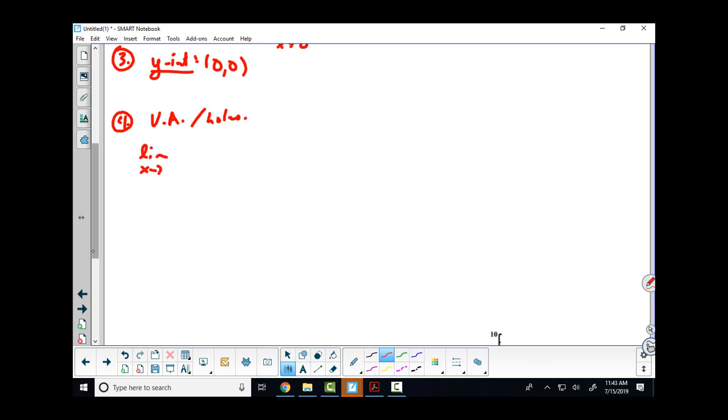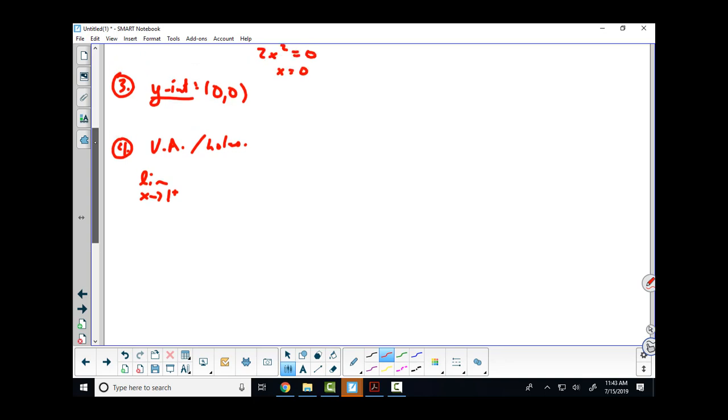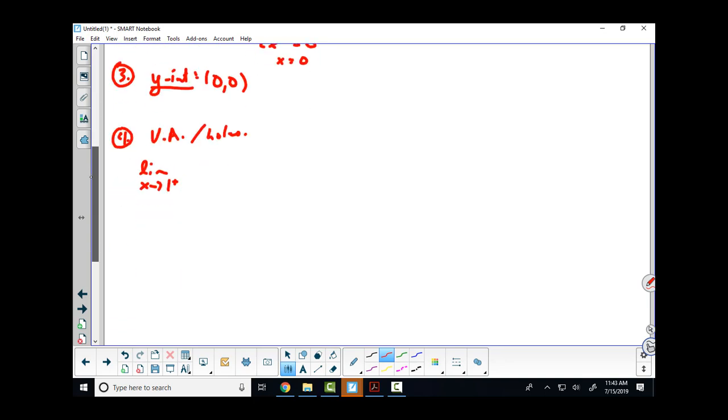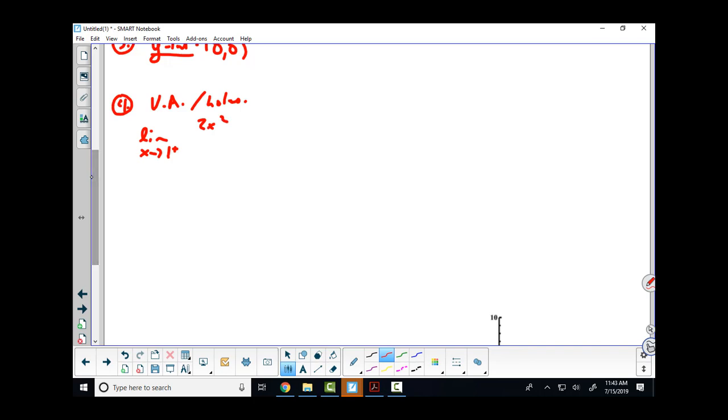As x approaches 1 from the right of our function, which is 2x squared over (x plus 1) times (x minus 1). These tools require us to go way back to chapter 2. Remember that one test question that had the rational function? It's usually the most disliked question on that first exam.